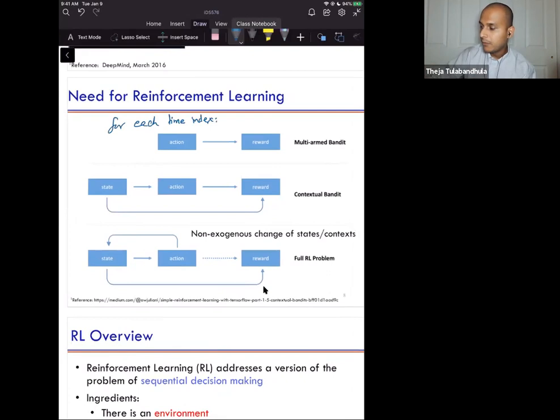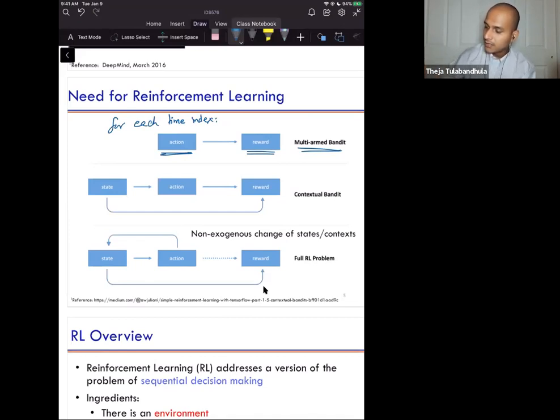In multi-arm bandit problems, you take an action, you get a reward. Your objective is to figure out what's the best action. There's one single best action. You just need to figure out what that action is, very similar to A/B testing. At the end of A/B testing, you just figure out the one best configuration of your website that gets you the most of some metric like engagement.